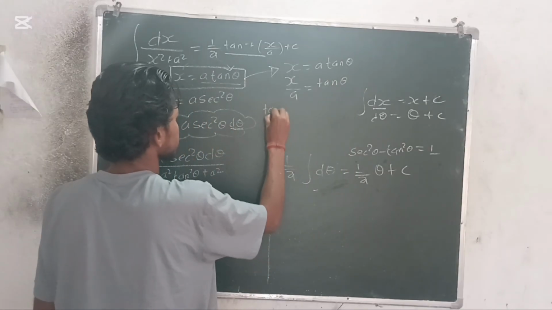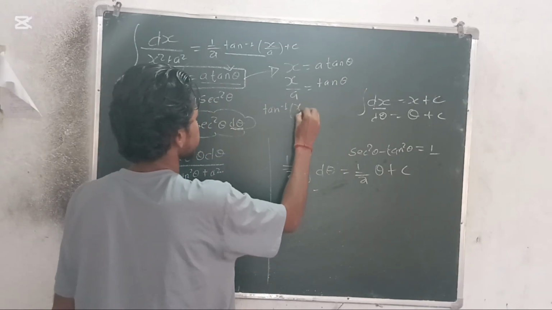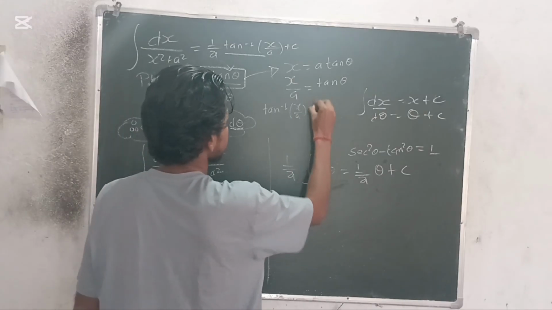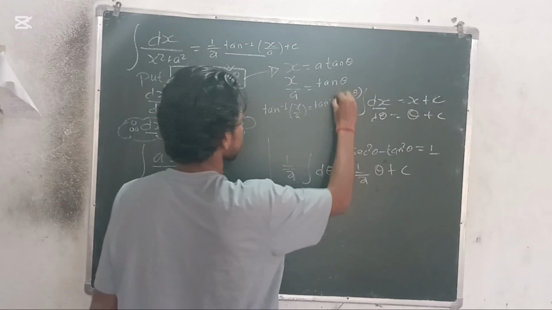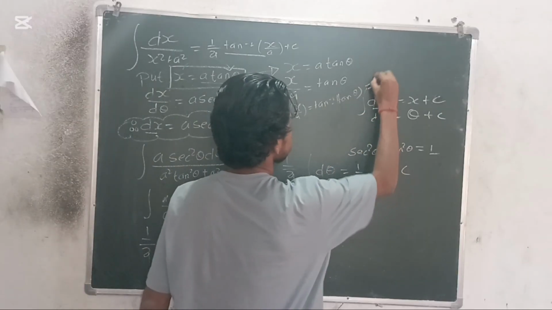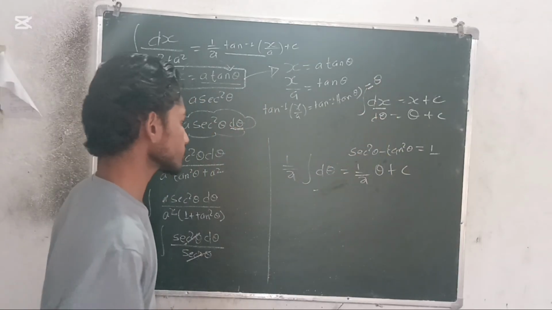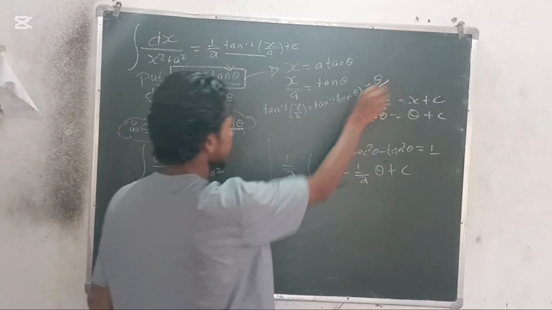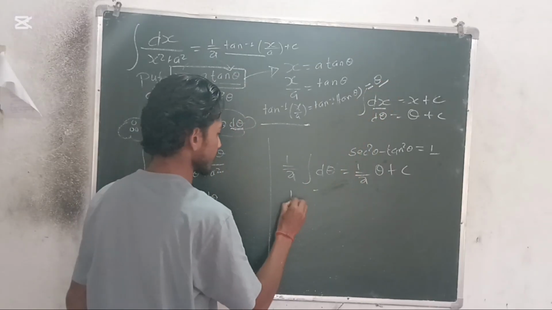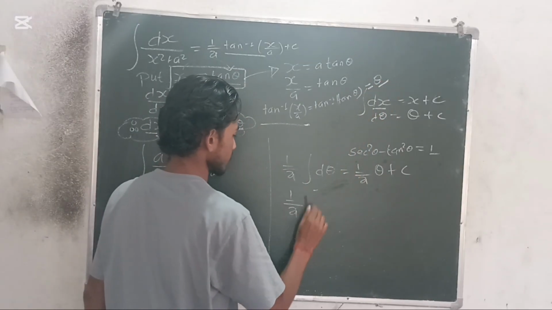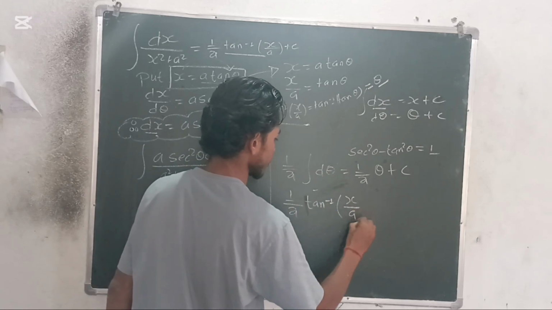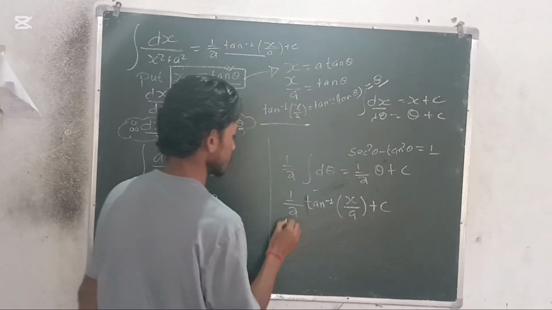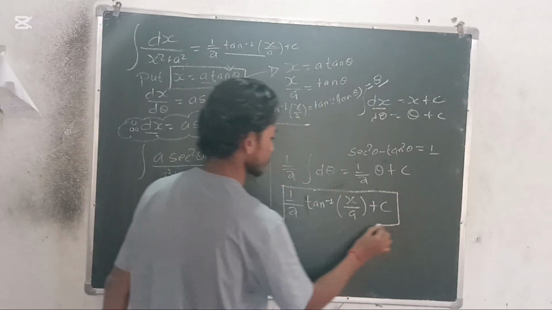If I take the tan inverse of x by a, I will end up getting tan inverse tan theta, and this is an identity that gives theta. So in terms of theta, you can replace it by this term, and you will end up getting 1 over a tan inverse x by a plus some constant c.